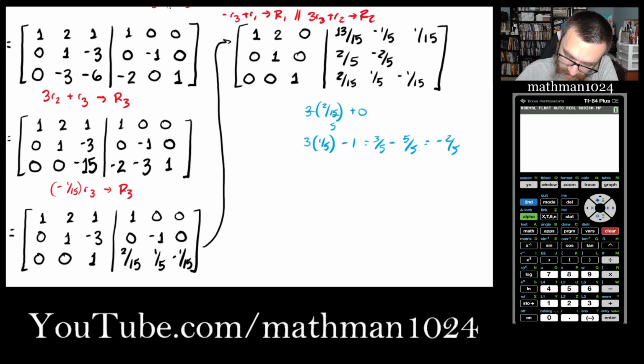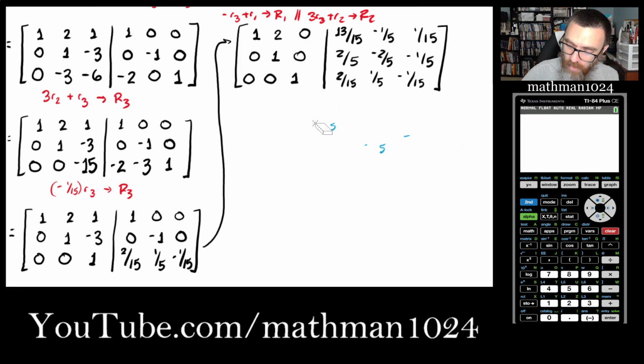And then we have, well, I guess that's not too bad. 3 times negative 1/15 is negative 1/5. All right, I know it's messy, but we're almost done. We just have one more step, and that is to get that to be a 0. And we can accomplish that by doing negative 2 times row 2 plus row 1, and we replace that in row 1.